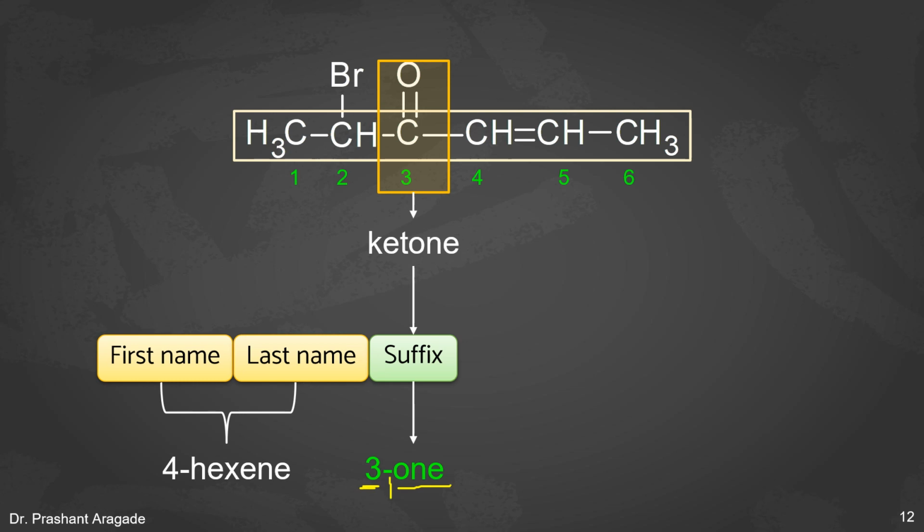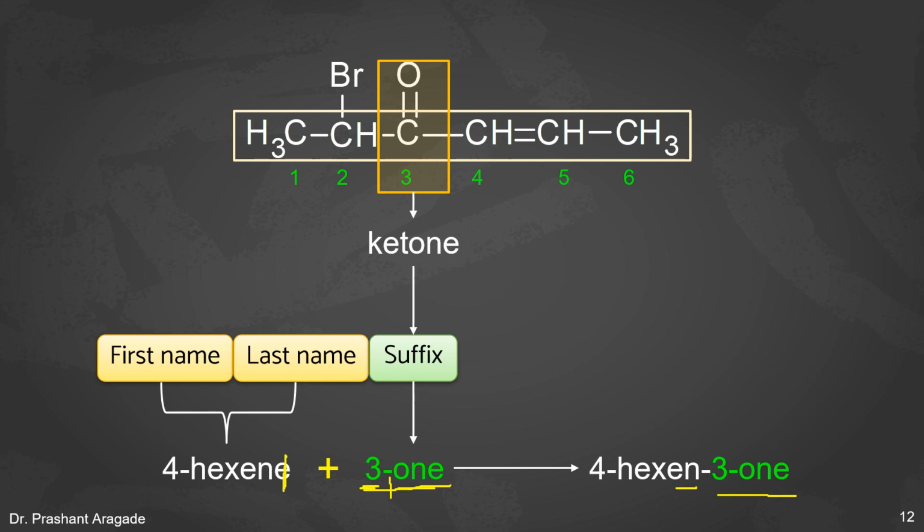So just replace the E of parent name with the suffix used for functional groups. So hence the name of longest chain including functional group is 4-hexen-3-one. So don't forget to mention the position number of carbon-carbon double bond and the position number of functional groups. So name of this longest chain is 4-hexen-3-one.